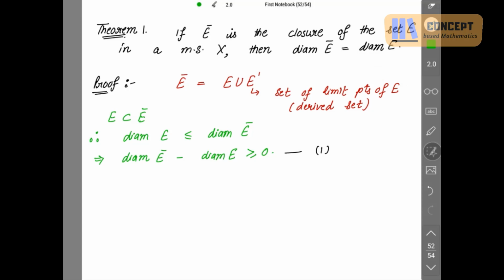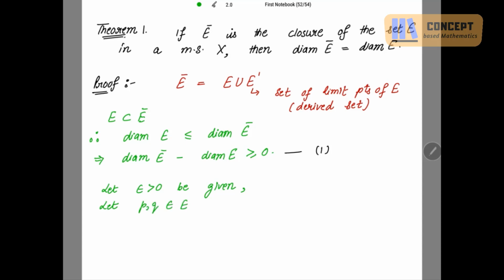Alright. Now let epsilon be a positive real number. This is given. And let's take 2 points P and Q from E bar. Right?